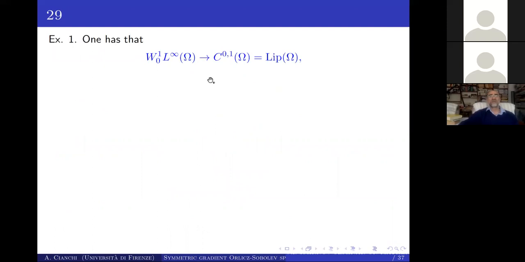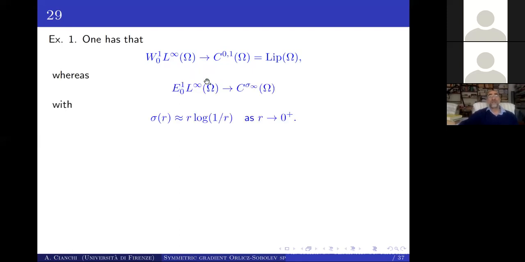Consider the simple situation where we have W1 infinity, so Lipschitz functions. It is clear that if the function is 0 at the boundary, we have an embedding from W1 infinity into Lipschitz functions. This is well known. This means that the full gradient is bounded.